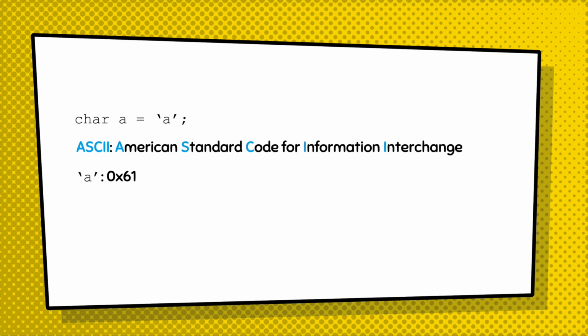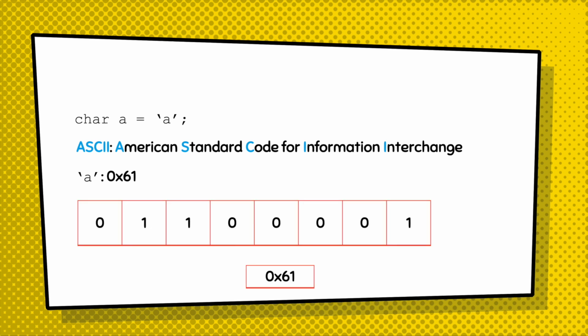Letter A in ASCII is equal to hex 61. So we store hex 61 in the memory, and if we look at it in binary form, it's going to be 0, 1, 1, 0, 0, 0, 0, 1. From now on, we're going to zoom out a little bit and focus on each byte instead of each bit.